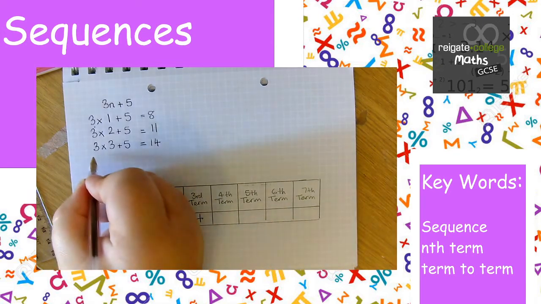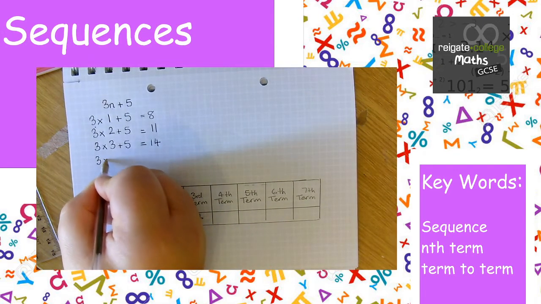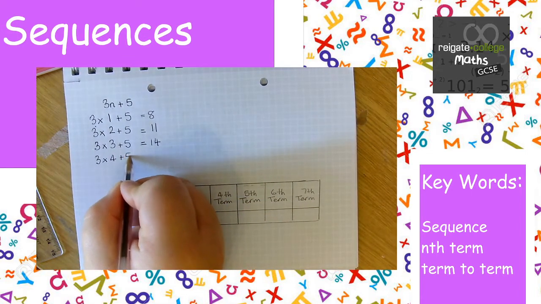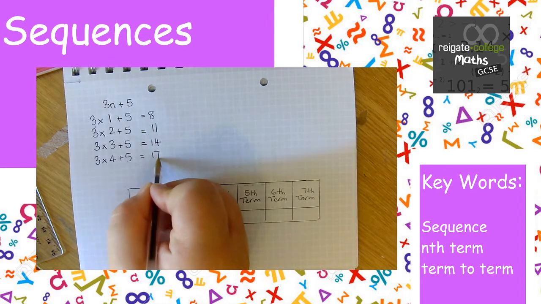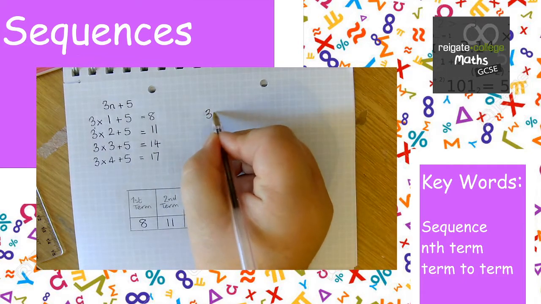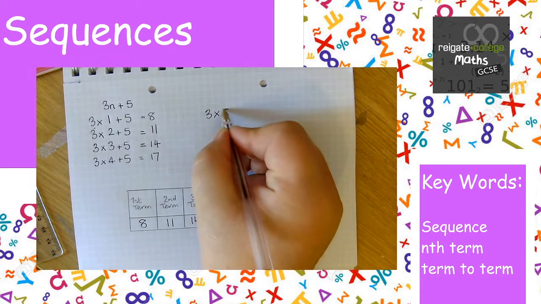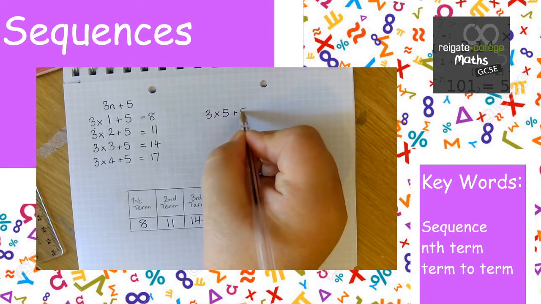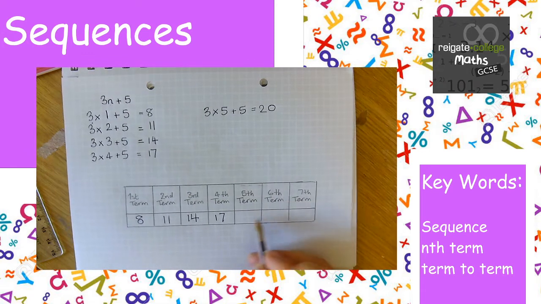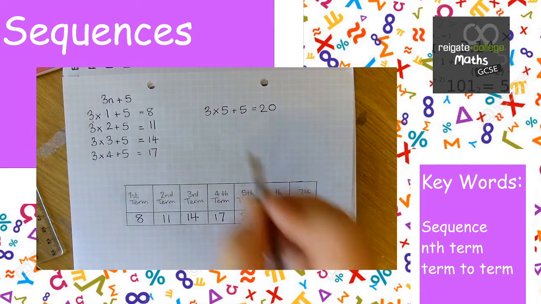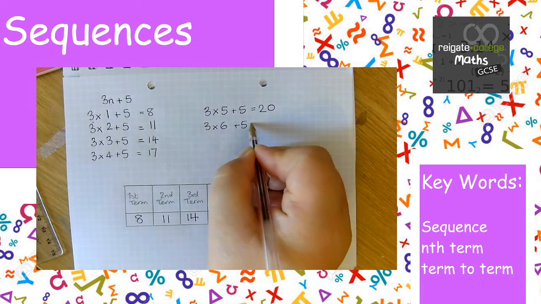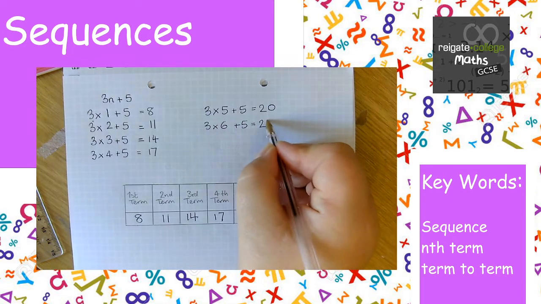I can continue to do this. 3 times the value 4 plus 5 is 17. 3 times the value of 5 plus 5 is 20. 3 times the value of 6 plus 5 is 23.